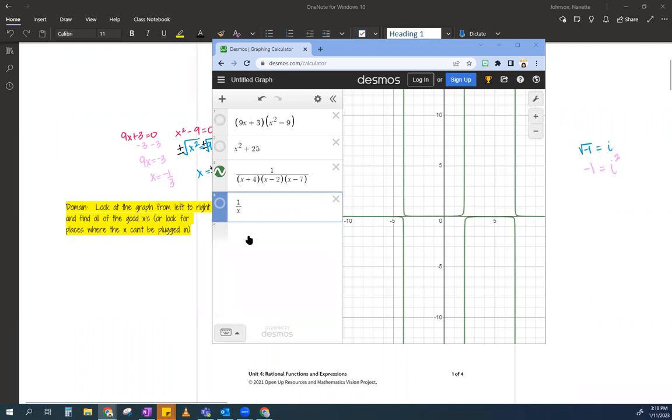Yeah, because of the denominator. Exactly. That denominator tells you some stuff, right? Let's just take -4, for example. Why would you say x equals -4 is an asymptote based on this equation? What do you see?